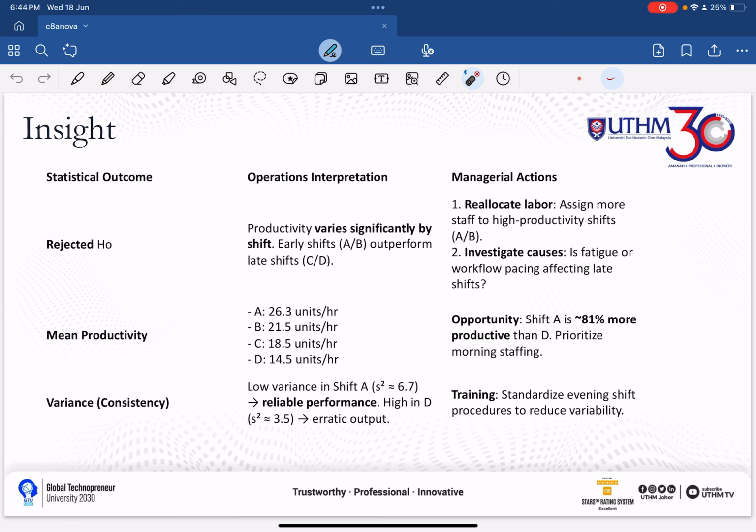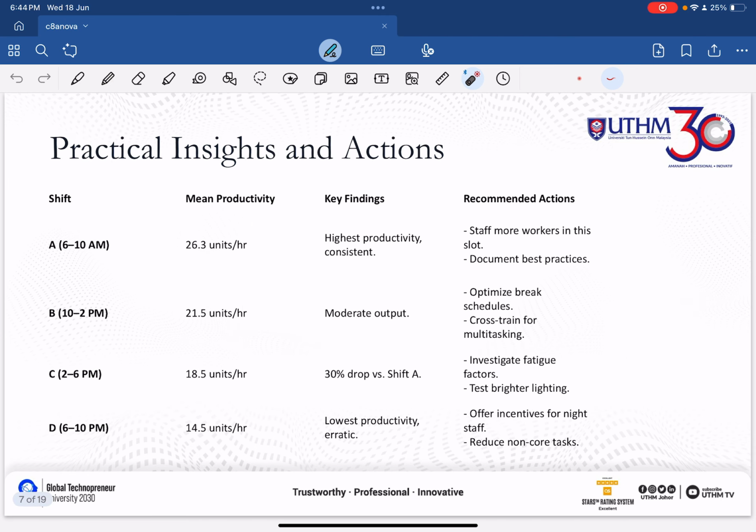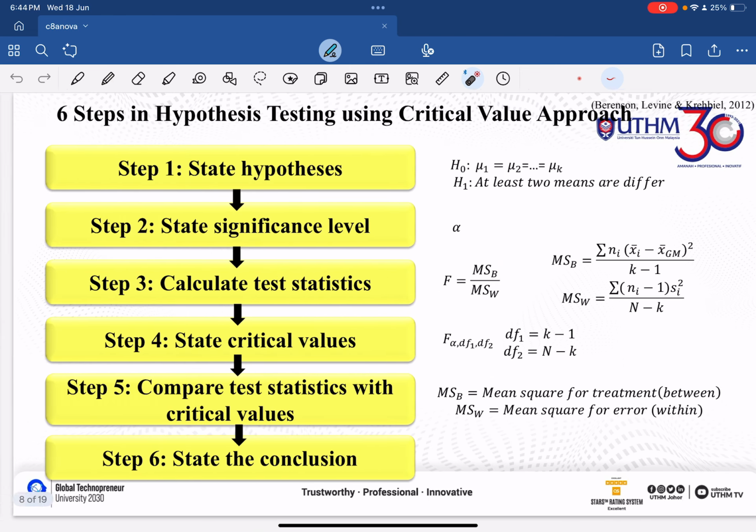If the outcome is reject H naught, we can say that the productivity varied significantly by shift. So early shift B group outperformed late shifts C and D. Later on we will see what this insight means. I will also explain this later.